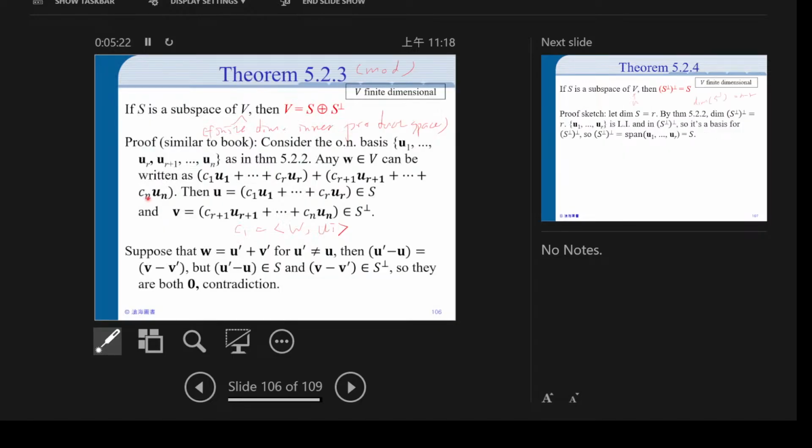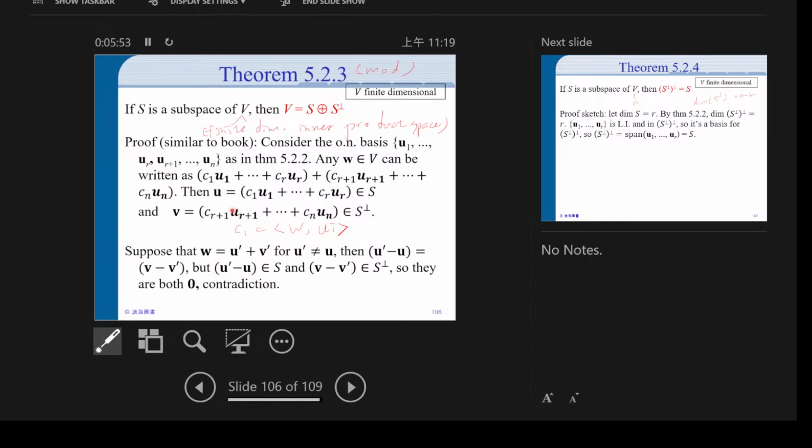Because then for everything in V, we can find its coordinates in this U1 to Un basis. Because U1 to Un is a basis for V, everything in V can be written as some linear combination of U1 to UR and a linear combination of UR plus 1 to Un. And here we even know how to calculate the coordinates very easily.